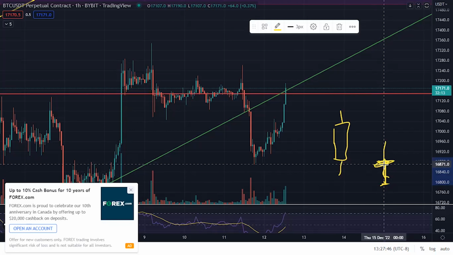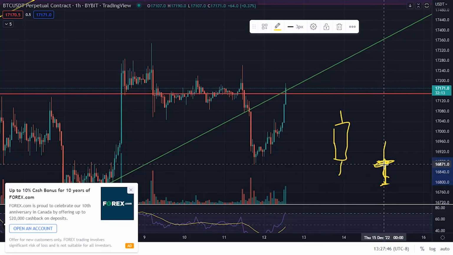When you see these wicks, you'll be able to see the highest price that this candle went to during this time frame was this, and the lowest price that this candle went to during this time frame was this. These two things at the top and at the bottom are called wicks.